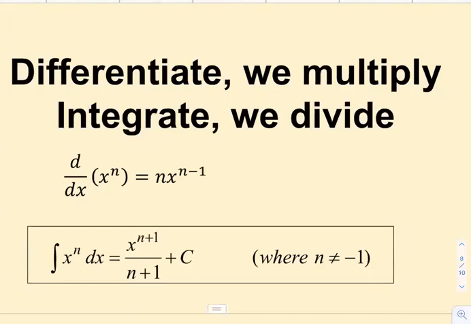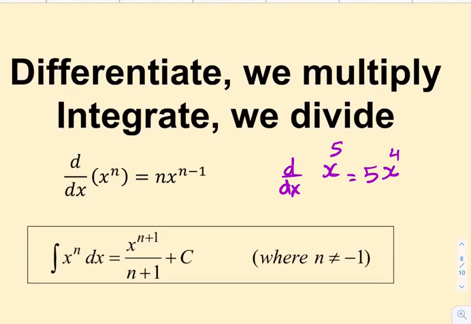For example, d over dx for x to the power 5: we multiply by the power, so we put the 5 down there, and we take away 1 from the power of x. So 5 minus 1 is going to become 4.